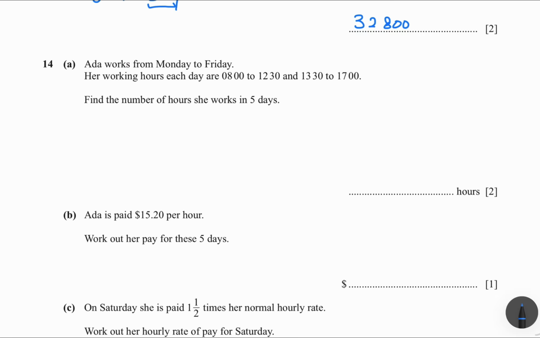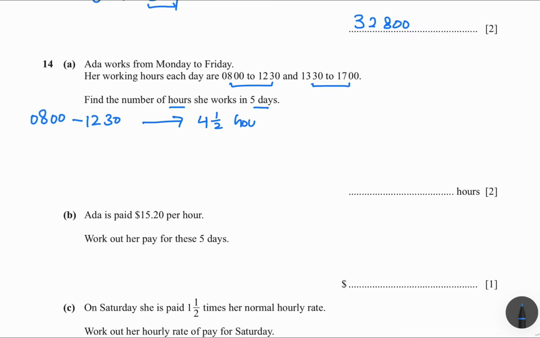Now number 14, Ada works from Monday to Friday. Her working hours each day are 8 to 12:30 and 13:30 to 17. Find the number of hours she works in 5 days. So as you can see, we will count from 8 to 12:30, it is 4.5 hours, right?